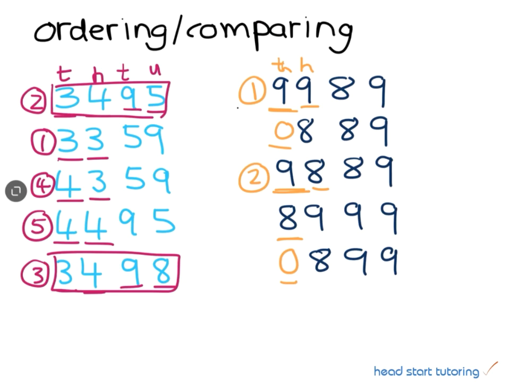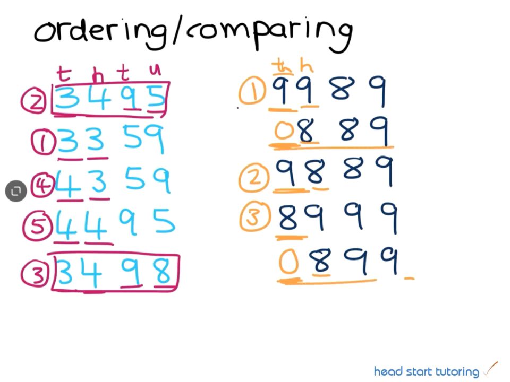Right, then we can see that our 8,999 will be the next number in our sequence, because we've got 8 thousands in this number, whereas here we've got 0 thousands. So that will be our third number. Right, so now because we've got zeros in our thousands column with these two numbers, we need to consider the next place value.